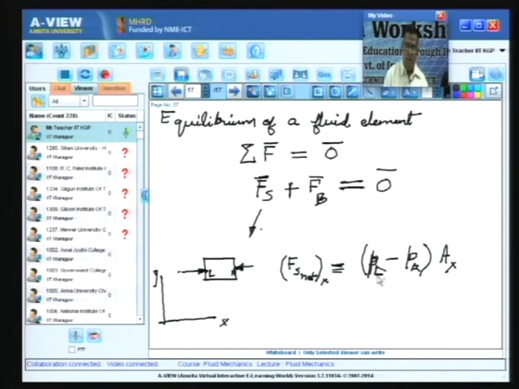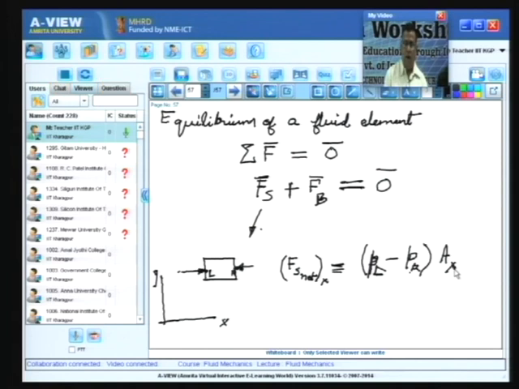Now, as you can see, if these two pressures are the same, then the net force will be 0, and that could be the case, but we want an equation which can describe the flow for any arbitrary case.